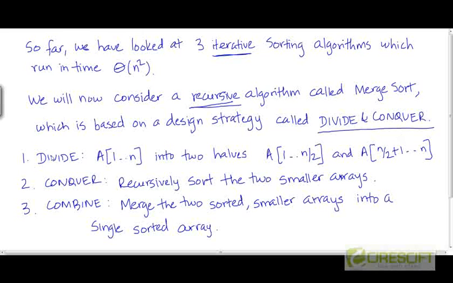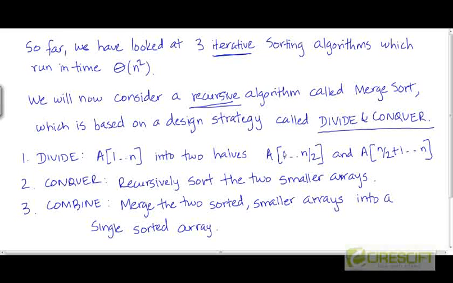So in this case, we need to sort an array of size n, and by using the divide and conquer strategy, we will first divide the problem into two subproblems of size n by 2 each. We'll do that by dividing the original array into two halves.